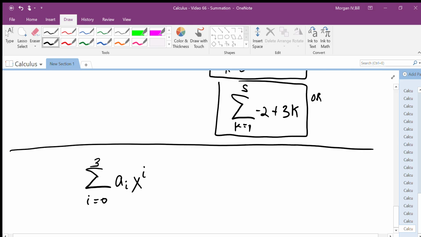At this time i is both a subscript on a sub i. That's actually, a here is a variable. A sub i is a number. And then x, a variable, x to the power of i.